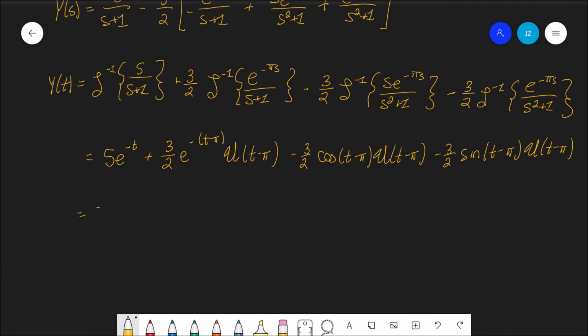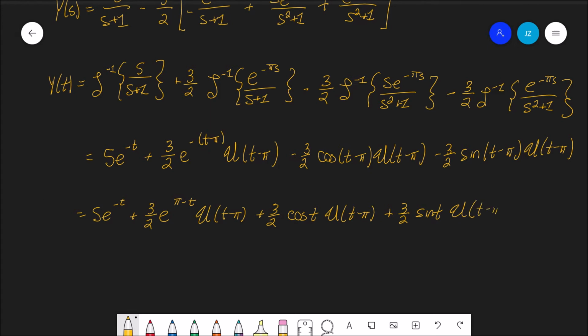Simplify all this a little bit, so we have 5e to the negative t plus 3/2 e to the pi minus t, step function of t minus pi, plus 3/2 cosine of t, step function of t minus pi, plus 3/2 sine of t, step function of t minus pi.